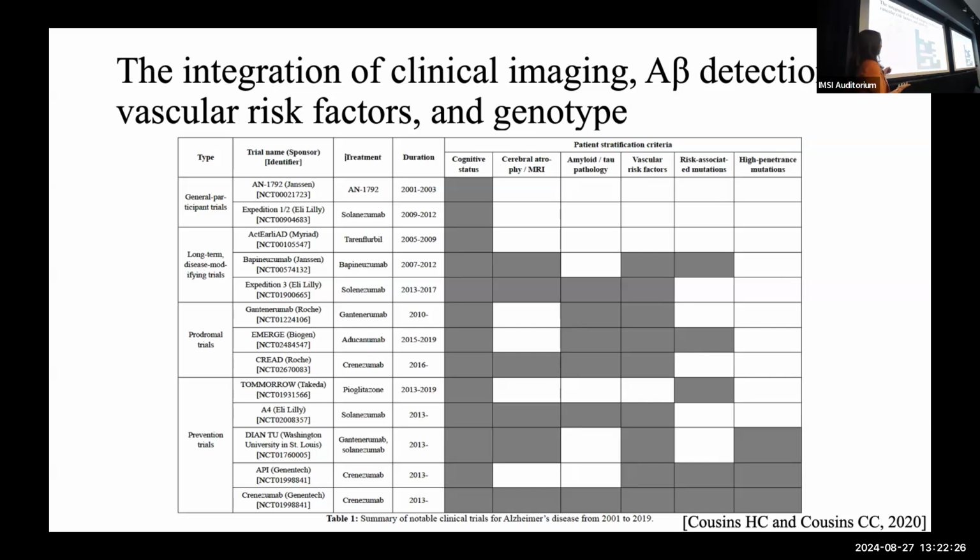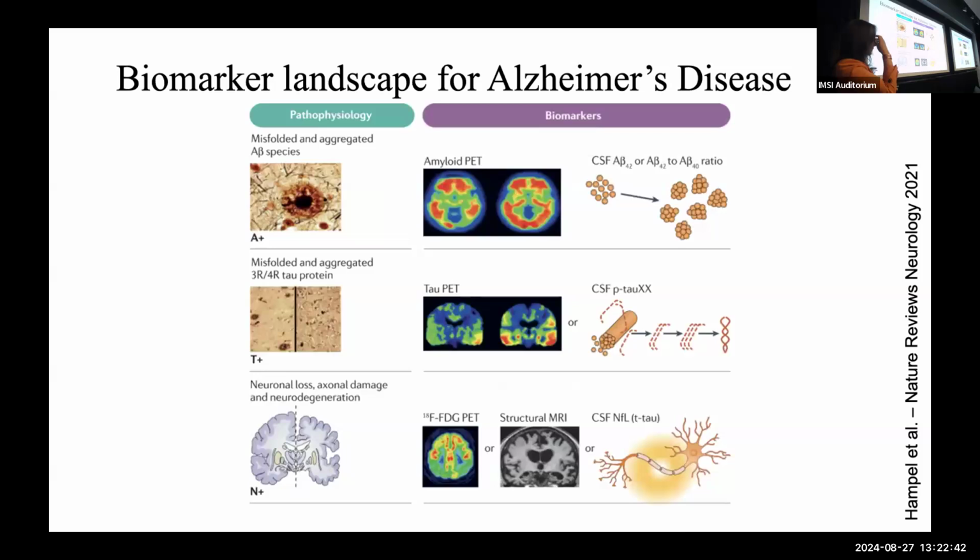This is a snapshot, which is relatively old at this point, but pretty much all of the trials screen participants based on their clinical and cognitive measures. In addition, they also want to validate that the participants actually have the AD etiology, the true biology of Alzheimer's disease. So when we look at the current landscape of biomarkers, you've been hearing about amyloid, our first hallmark pathology.